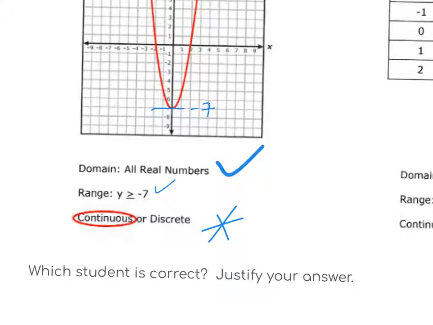Tyler is correct, okay, because it is a continuous function, because you could put anything in there for x. You could put 0.123, square it, multiply it by 0.5, and subtract 7 and get the y value back out, and it would be a point on that curve.